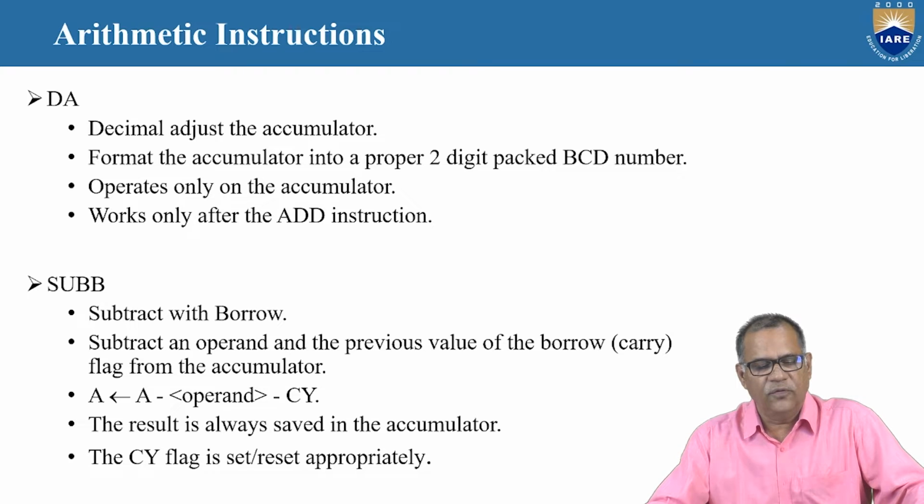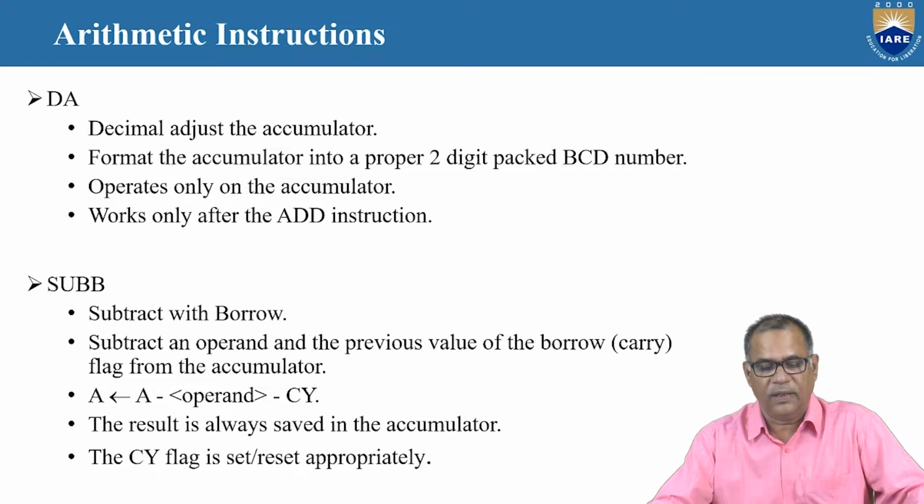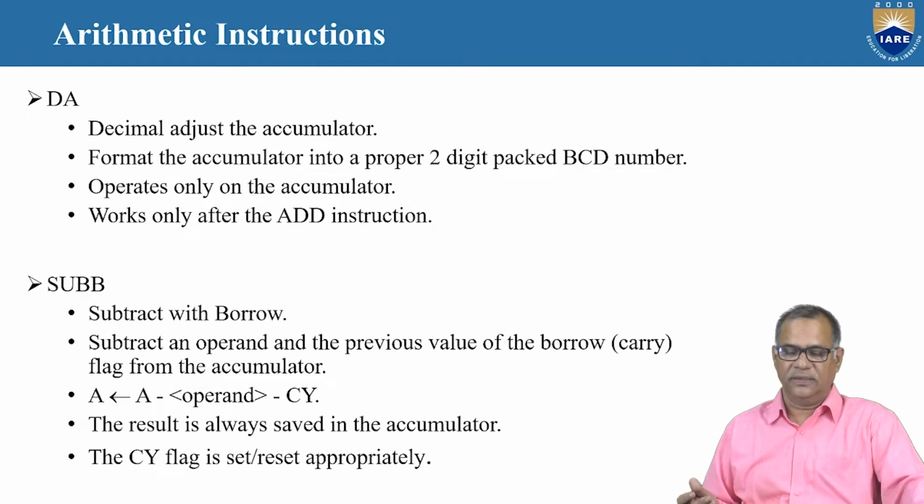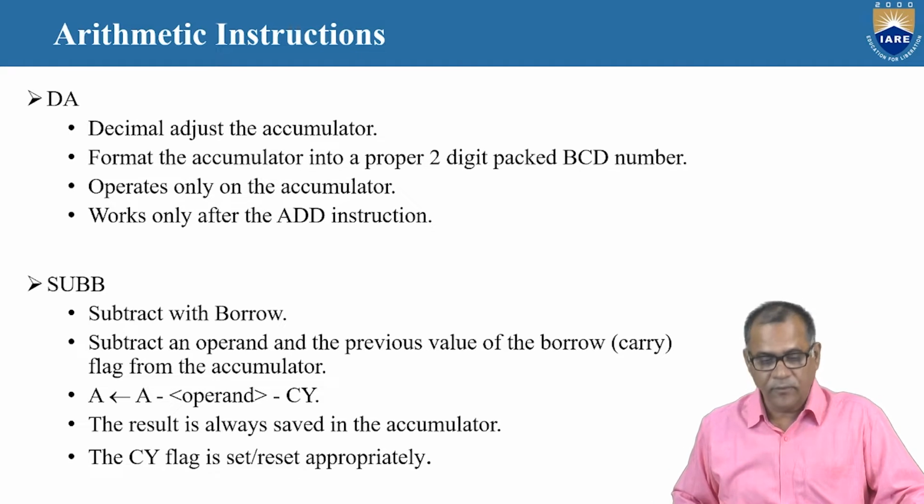I will explain this with an example. Next is SUBB, subtract with borrow. Here the operand, along with the previous value of the borrow flag, is subtracted from the accumulator, the result is stored in the accumulator, and the carry flag is set or reset appropriately.